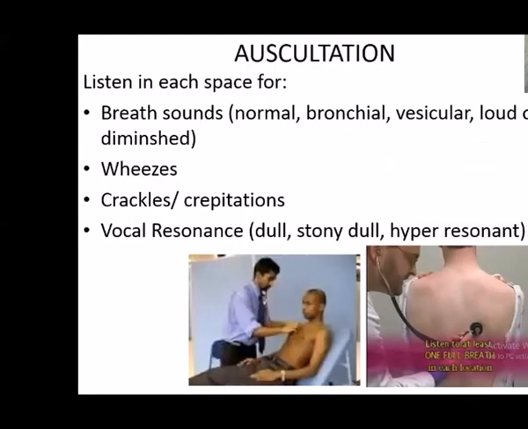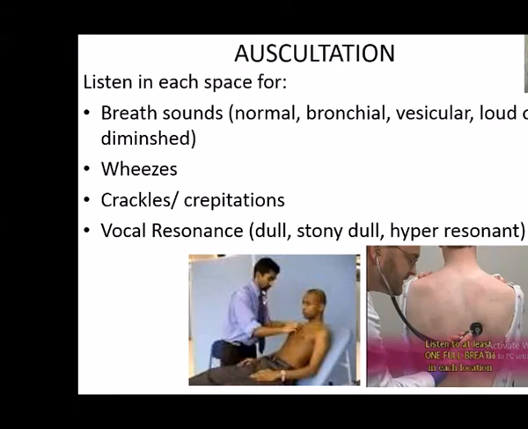Now, auscultation. You can first check the vocal resonance by asking the patient to say 33 or 99, 99, 99. So you can hear which sort of vocal resonance it is. Different words are used, like egophony, when the vocal resonance is high.